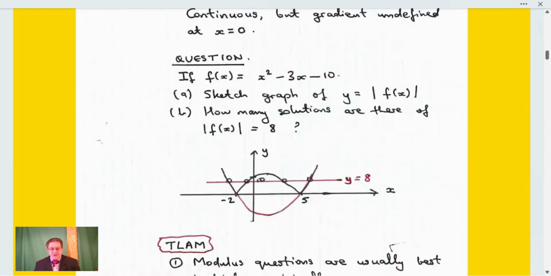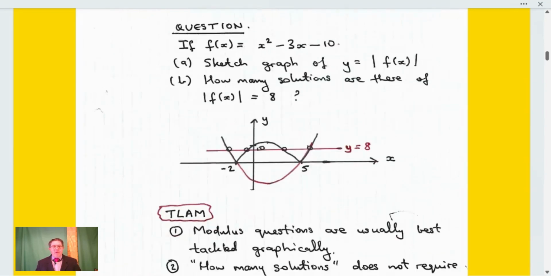So, a few questions to warm up on this. First of all, we're given a function here, x squared take 3x take 10, a quadratic function, and I've drawn that in red on the axes below, the standard parabolic shape, cutting the x-axis at -2 and 5 and the y-axis at -10.